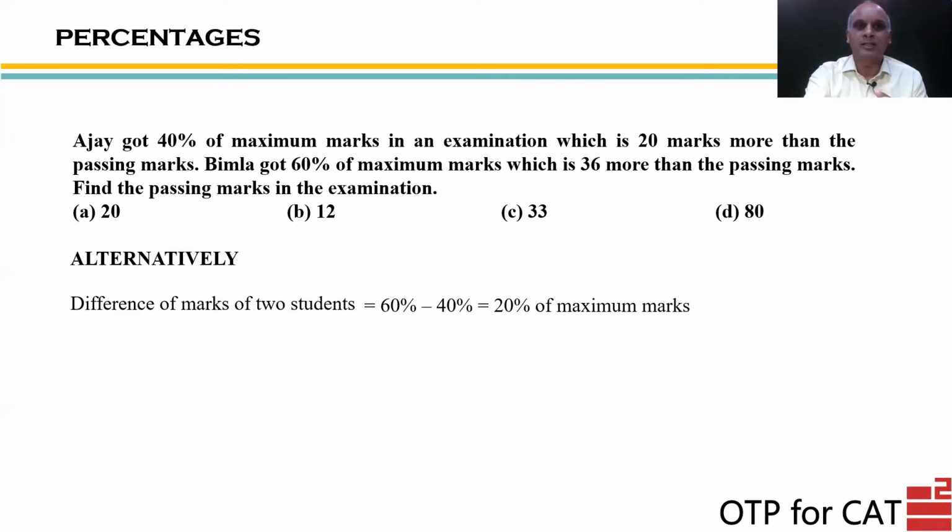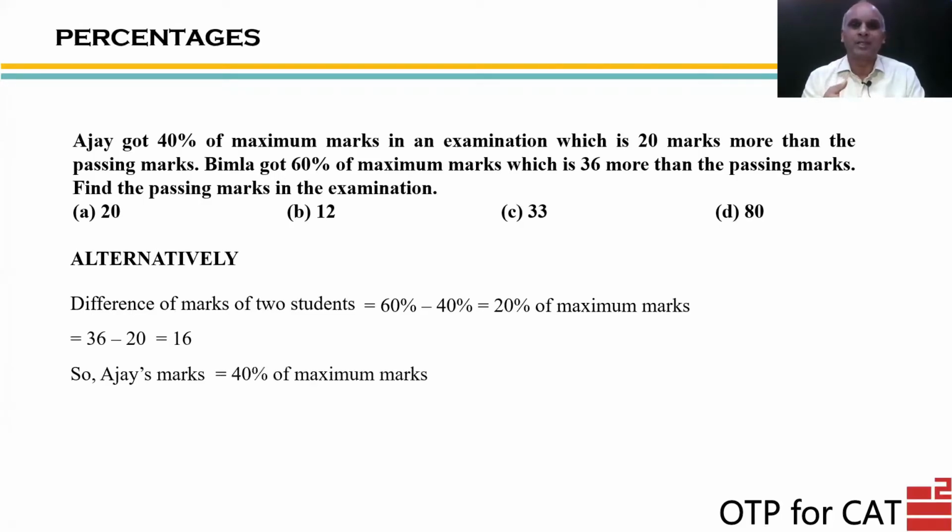And we also see that since Bimla's marks are 36 more than the passing marks, whereas Ajay's was 20 more than the passing marks, the difference will be the same as 36 minus 20, which is 16. It means 20% of maximum marks is 16. Once I get that, I can say Ajay's marks, which is 40% of maximum marks, will be how much?